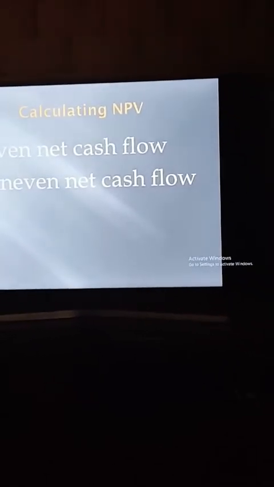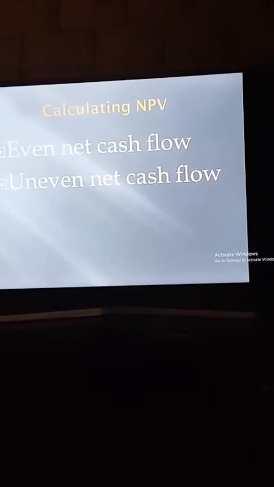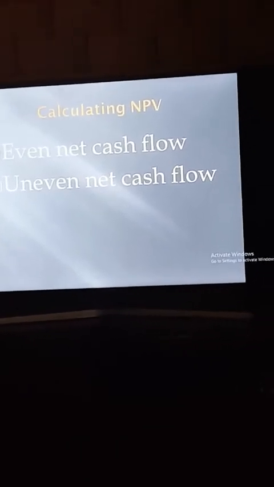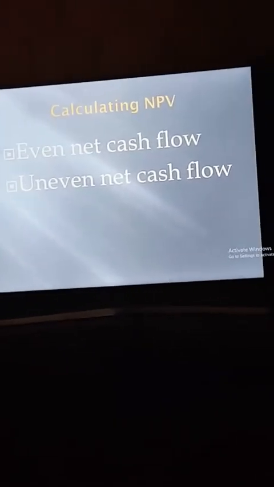An uneven net cash flow is one where the inflow of cash is not set and varies from time to time.